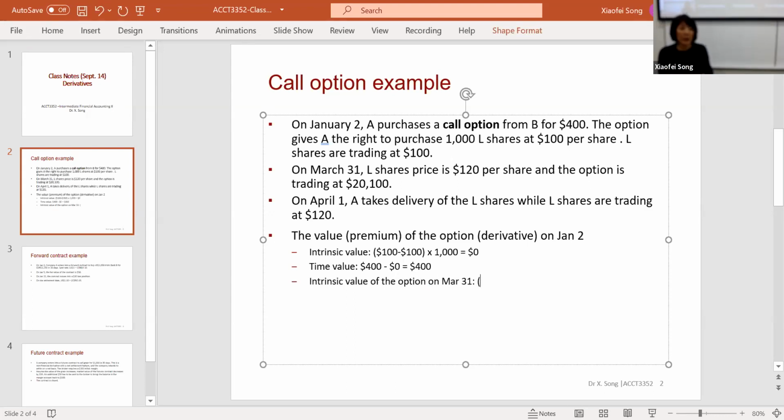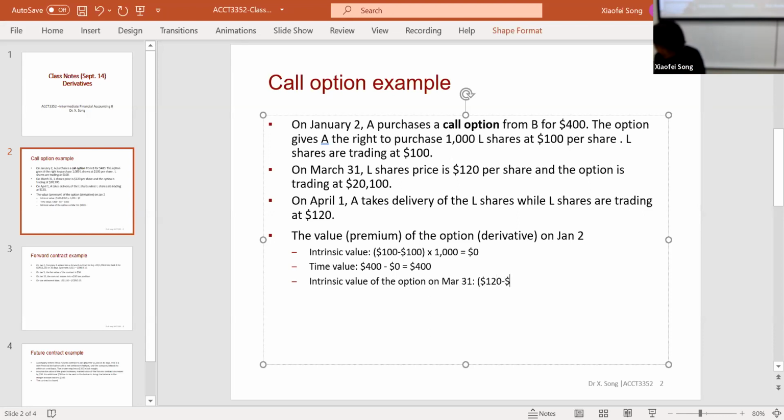What changed from January 2nd to March 31st? L share price changed, right? Now it's $120 per share. So on March 31st, if A purchased 1,000 shares of L share at the market price, it will have to pay $120.